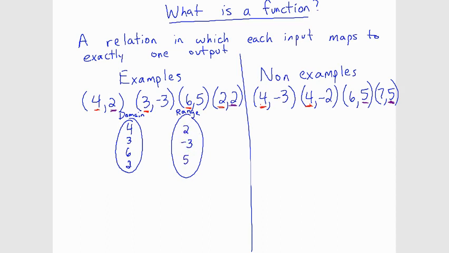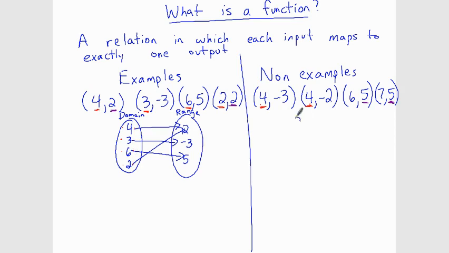Notice the 2 repeats, so I won't list it twice. 4 goes to 2, 3 goes to -3, 6 goes to 5, and 2 goes to 2. So again, each input gets mapped to exactly one output. That means I've got only one arrow coming off of each of these. And look at that. Each number has only one arrow coming off of it.